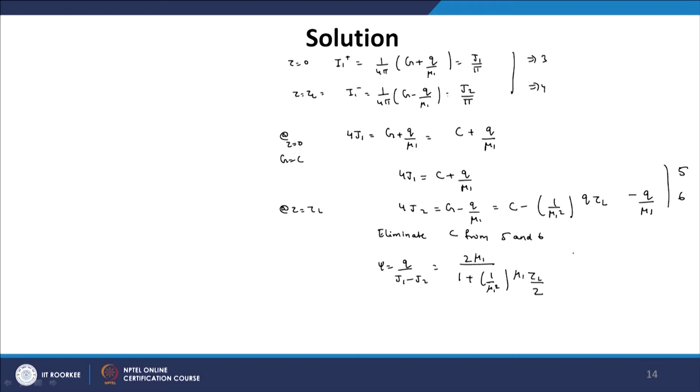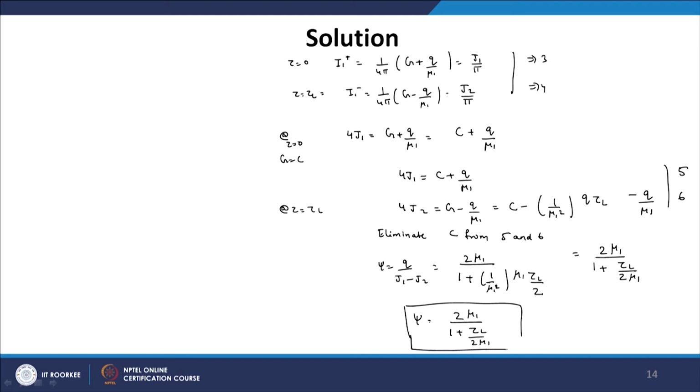Simply, this will be equal to 2 mu 1, mu 1 is cancelled, so we have 1 plus tau L by 2 mu 1. So this is the expression for the non-dimensional radiative heat flux, psi is equal to 2 mu 1 upon 1 plus tau L by 2 mu 1.